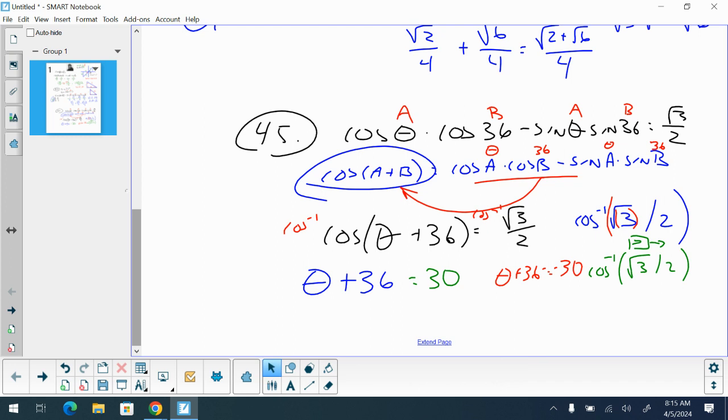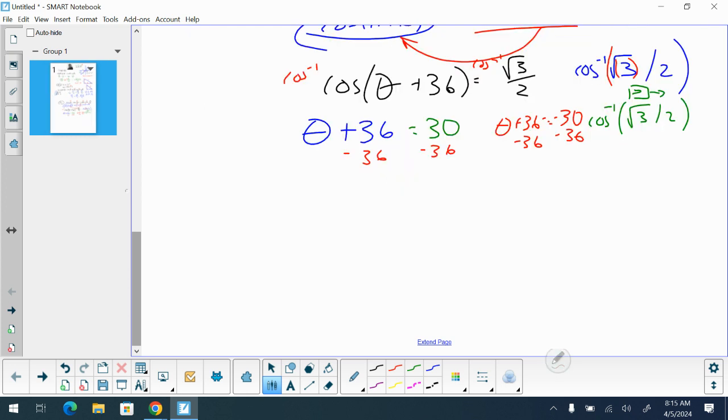In all cases here, we can subtract 36. So we have theta is equal to -6 plus or minus the period n. Over here, theta is equal to -66 plus or minus the period n.